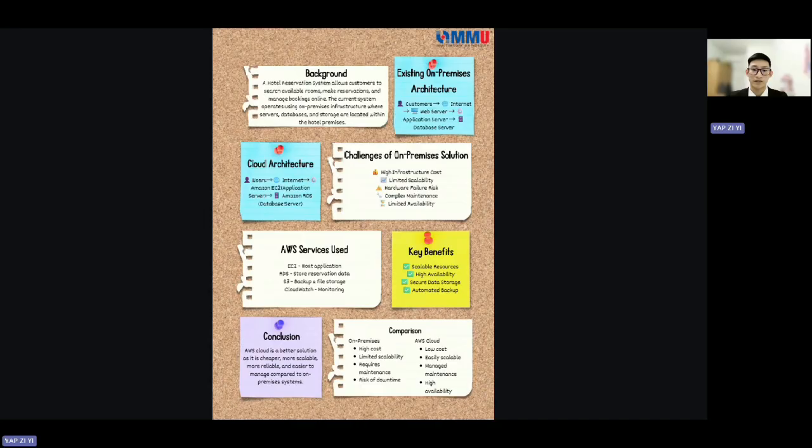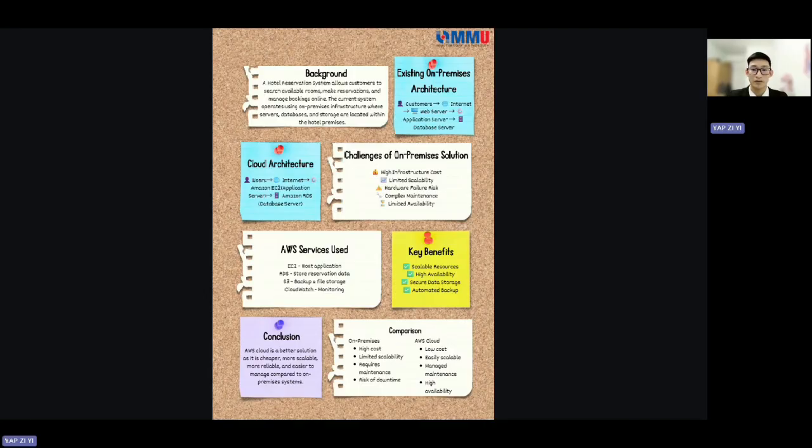Through this system, customers can access the hotel's website to check available rooms, compare room types and prices, make reservations, and manage their booking information. At the same time, hotel staff and administrators can use the system to monitor reservations, room details, and maintain customer records. This improves operational efficiency and provides a better experience for customers.